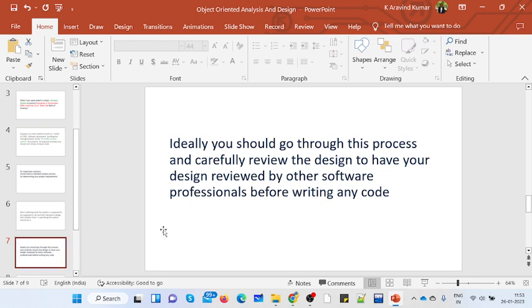You should go through this process and carefully review the design, and this design is also reviewed by your other project mates, other software professionals who are working in parallel. So the design you make is cross-checked by your parallel software engineers.